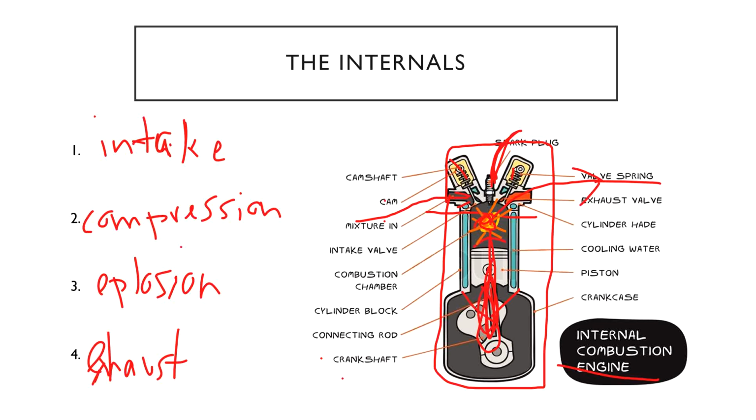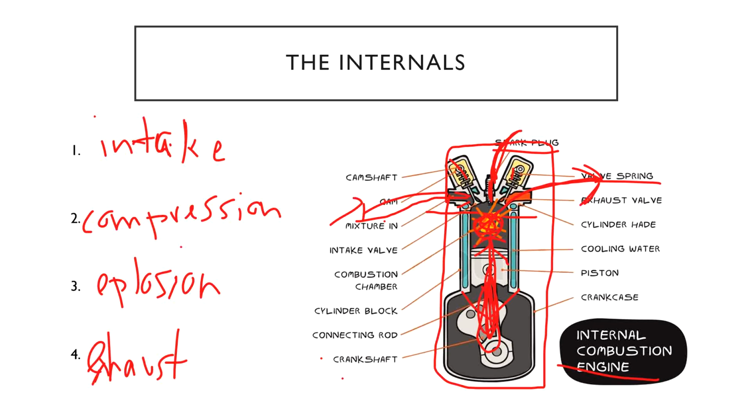So in review, the engine takes in air and fuel here, and then it compresses it, ignites it via the spark plug, explodes to create fumes, and then it leaves the engine on the other side.